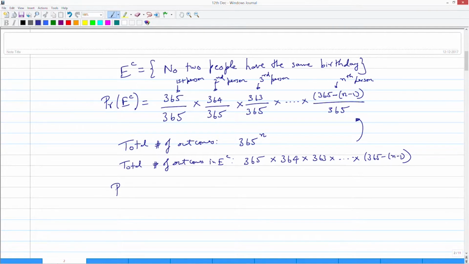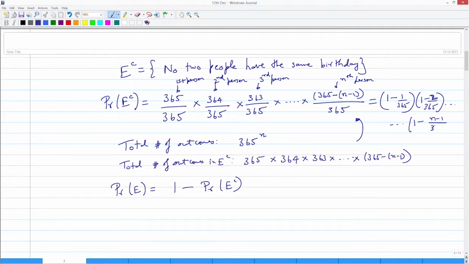So, what is the probability of E? That at least two people share a birthday. It is 1 minus probability of E complement. Okay. And now you can do a calculation for different n. You can go ahead and calculate this. You have to be a little bit careful. I would suggest the way you calculate this, it is best to write it like this. The first one is just 1, the second one is 1 minus 1 by 365 times 1 minus 2 by 365, sorry, so on till 1 minus n minus 1 by 365.